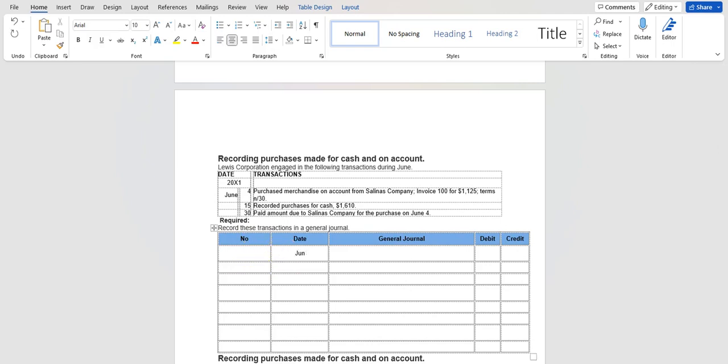So we'll say June 4th. All right, and we purchased merchandise on account from Saling's company. All right, so we purchased some merchandise inventory. Okay, so right now we're going to be just dealing with purchases. Okay, so we're going to say that we purchased, and the amount of the purchase was 1,125.